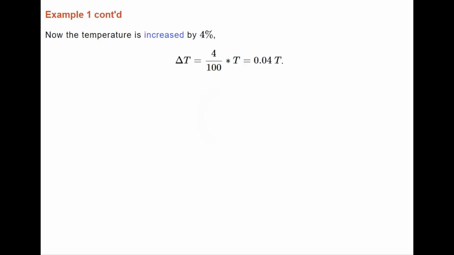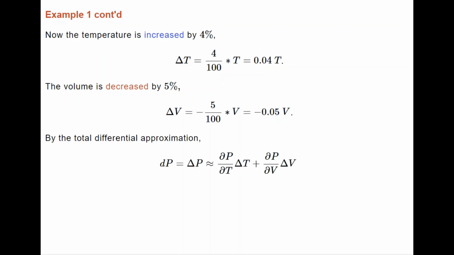We can write it as 0.04 times T. Similarly, the volume is decreased by 5%, which means that delta V would be minus 5/100 of the existing volume V, which is minus 0.05 times V. And by the total differential approximation, we can write delta P, the change in P, which can be represented by dP as well in this case, as partial P by partial T times delta T, plus the change in P with respect to volume times change in volume, which is partial P by partial V times delta V.